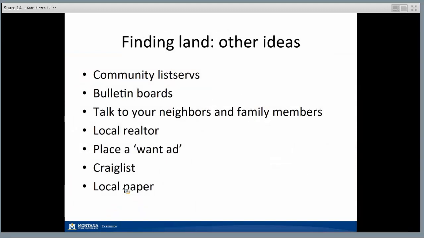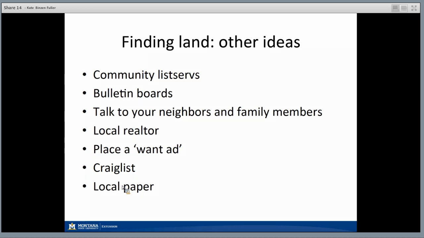So there are a number of other ways you can find land, obviously. There's community listservs. I don't know of too many towns around here that have these, but I know my town back home has one, and I check it every day, and it's just a way for people to let people know what's going on in town.